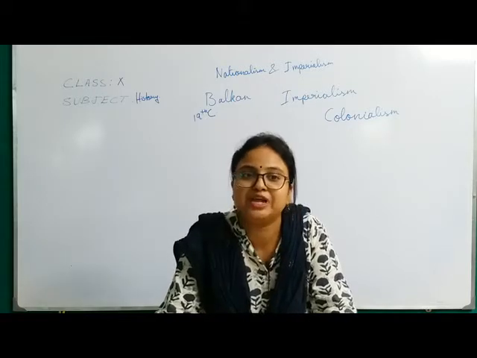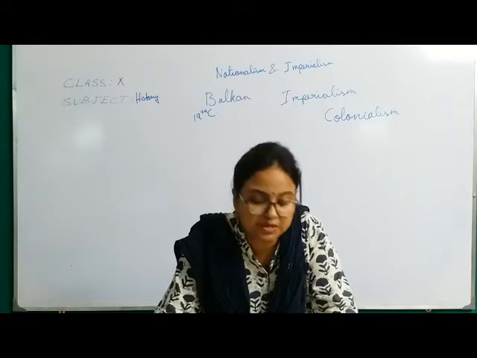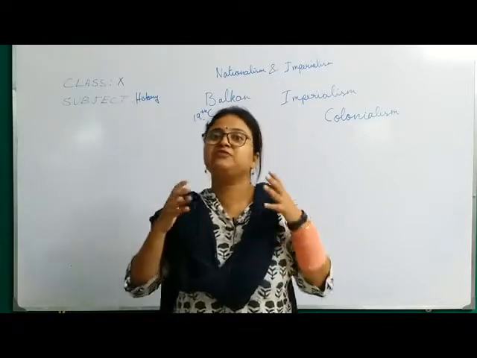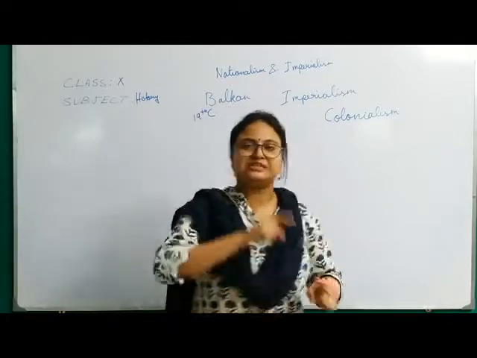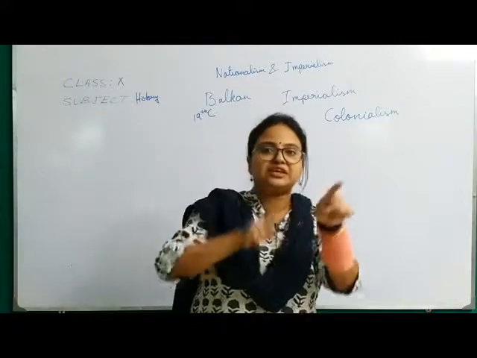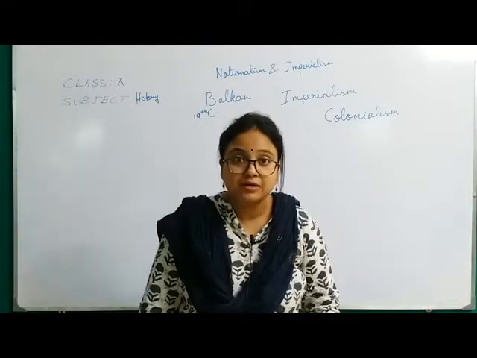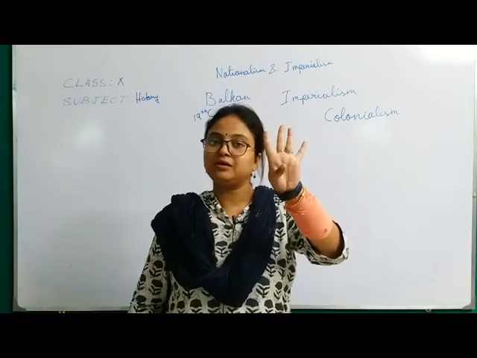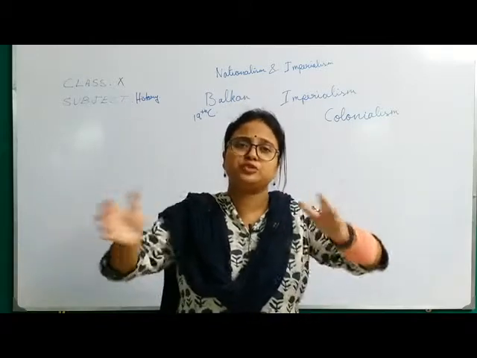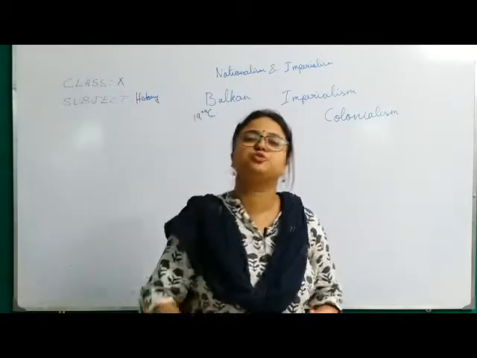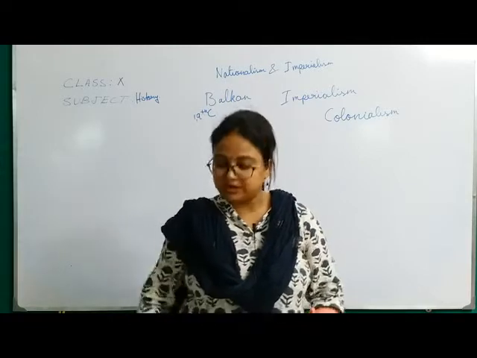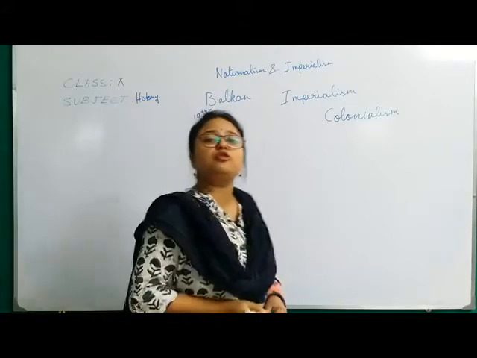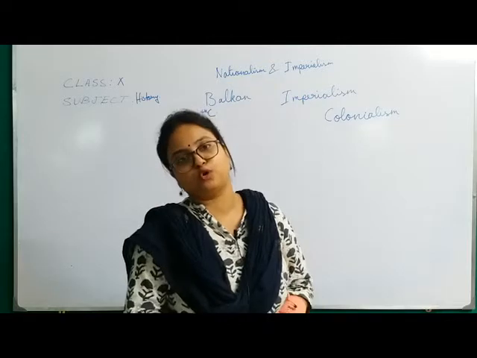This thing happened in the Balkan region. The Balkan states were charged up with nationalism and they had feelings of imperialism, so they started attacking and fighting with each other. And the big powers of Europe like England, France, Germany, Russia said, okay, no problem, fight among yourselves, we are going to support you. And this is how in 1914, in the beginning of the 20th century, the First World War started.